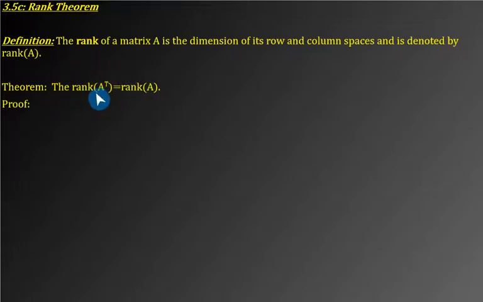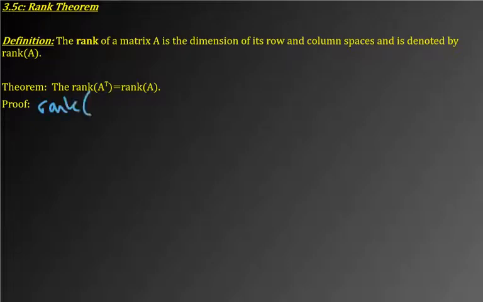This A transpose matrix has the same exact rank as the original matrix A, which is a very important result. The proof is quite short, but it shows some good techniques with how we use rank.